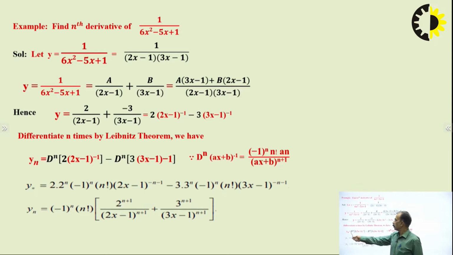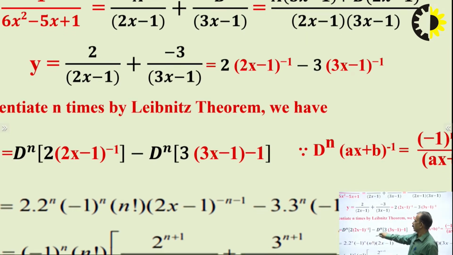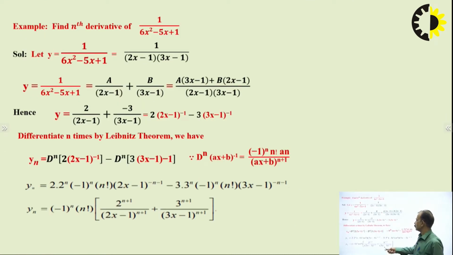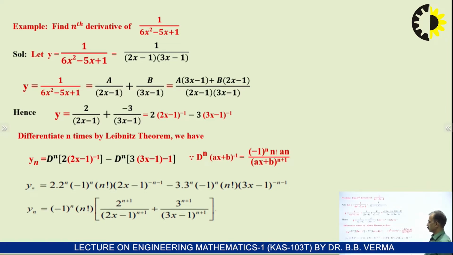So, we operate d^n on both sides of the function. The left side is denoted by y_n, and d^n of 2 into 2x minus 1 whole raised to the power minus 1, minus d^n of 3 into 3x minus 1 whole raised to the power minus 1.